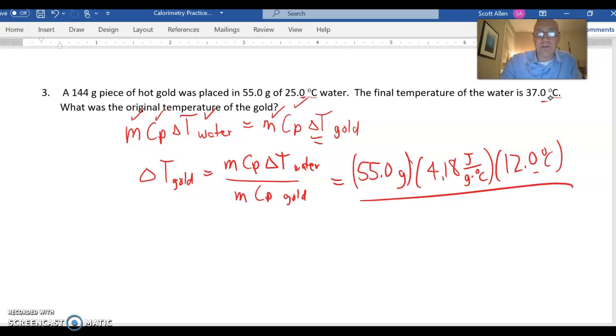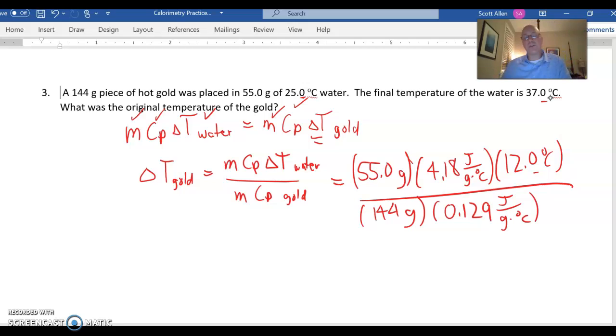That's going to be over top of the mass of the gold, which is 144 grams, multiplied by the specific heat of gold, which we can look up on our data table, and that is 0.129 joules per gram per degree Celsius.